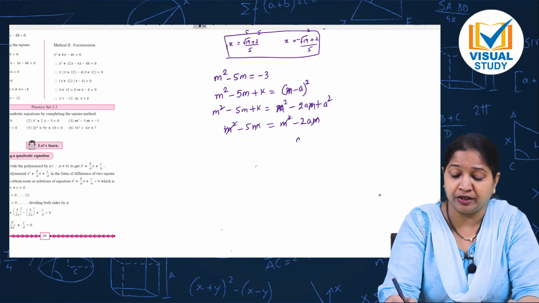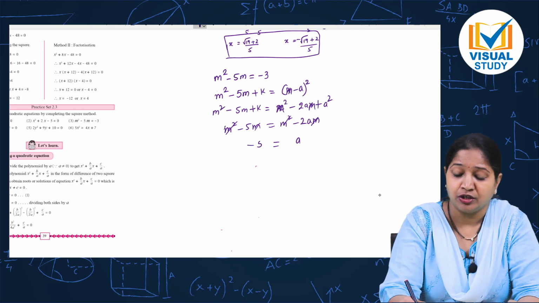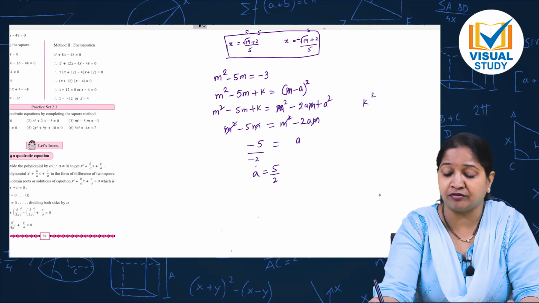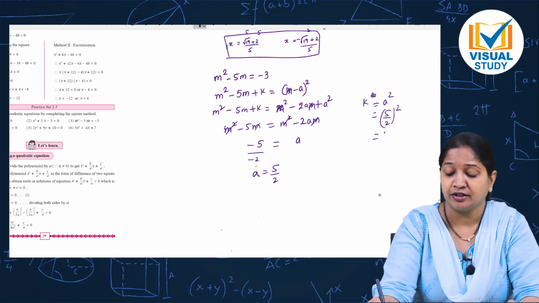Here m and a is equal to minus 5 upon minus 2 and you get a equal to 5 upon 2. And comparing, k equal to a square, a is 5 upon 2 whole square and you get 25 upon 4.